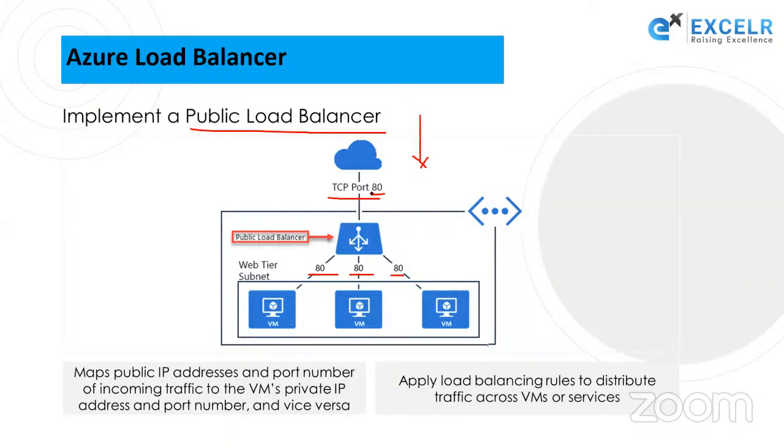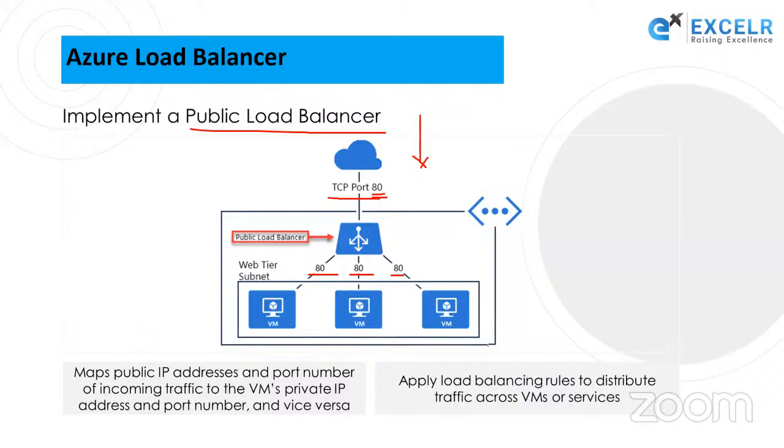So in both cases, we are using port number 80. This is the listener port for your load balancer, and this is for your virtual machine. What it does is map public addresses and port numbers of incoming traffic to the VM's private address and port number, and vice versa. It applies a load balancing rule to distribute the traffic across virtual machines or services. That is what we are going to see.